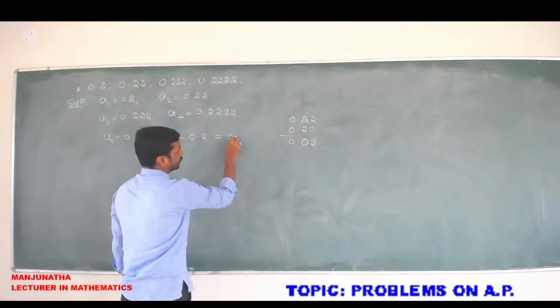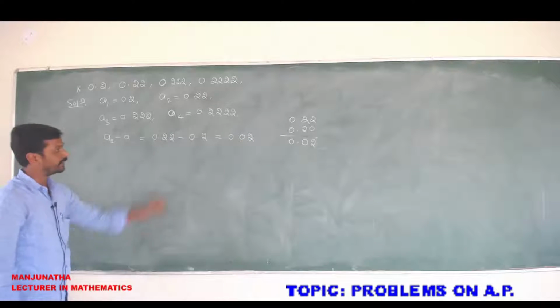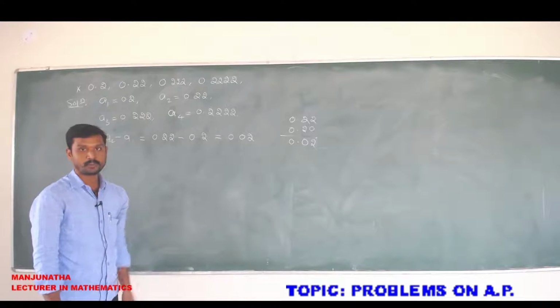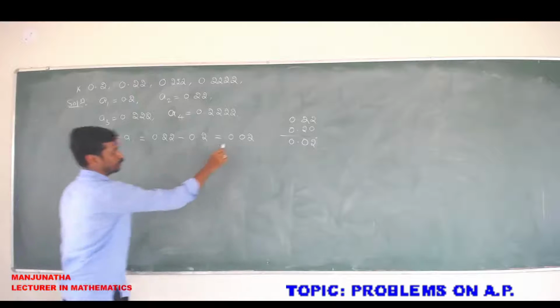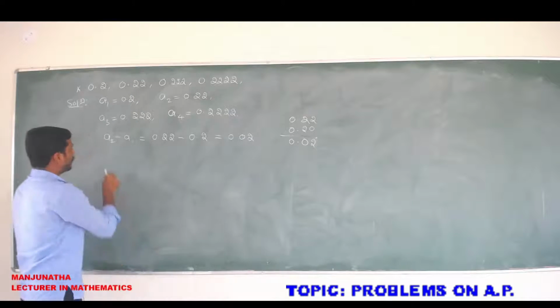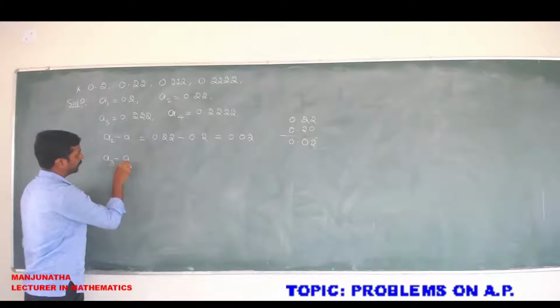Therefore the answer is 0.02. Numerically 0.22 is greater than 0.2, so the answer is a positive number. So the difference between the first 2 consecutive terms is equal to 0.02. Now, let us find the difference between the next pair of consecutive terms, A3 minus A2.